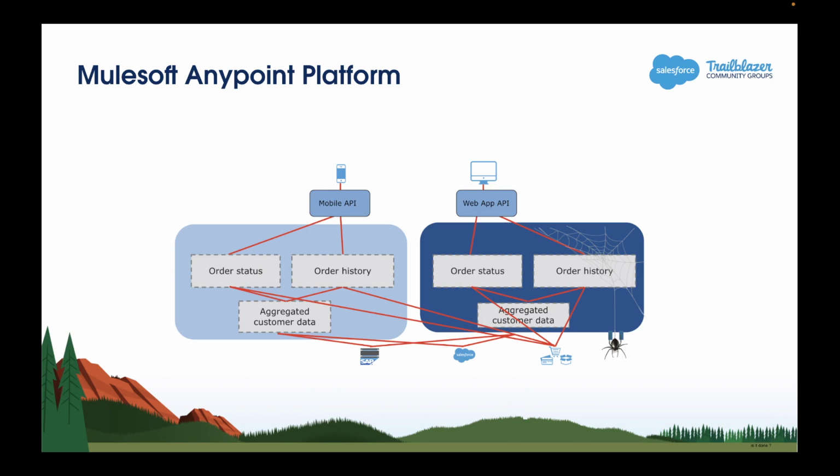So my developers now have to begin again, writing code to fetch data from SAP, Salesforce, and the e-commerce system. Fetch the data, aggregate the customer data, then do the transformations for order status and order history, make some changes and make it available as a mobile API over here, right?